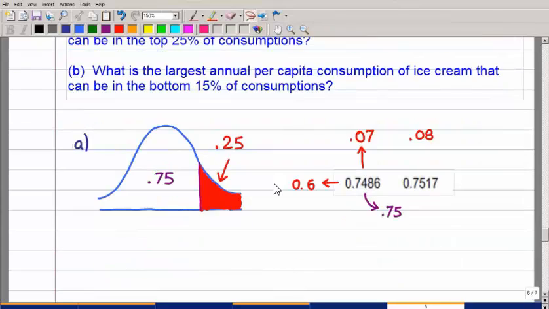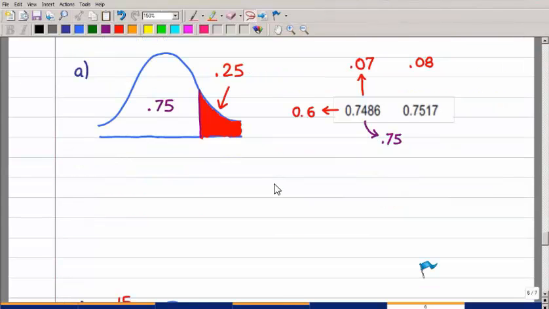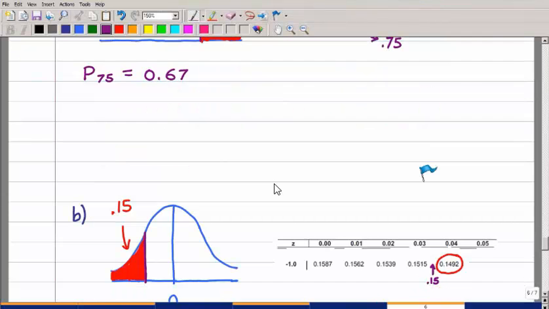From the table, you see I've got the two values highlighted. There's 7486, 7517. So the 7486 is closer. So that means the z for P75 equals 0.67, which I can then put into my formula.